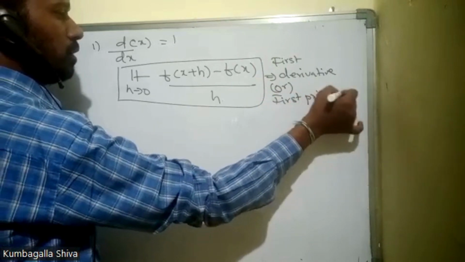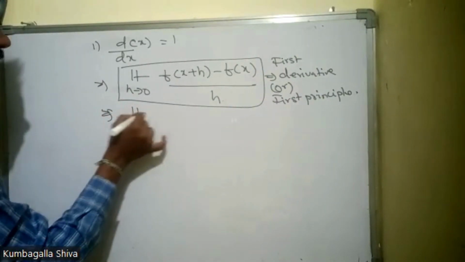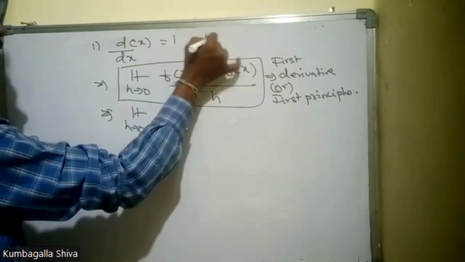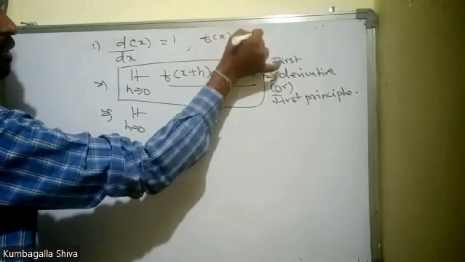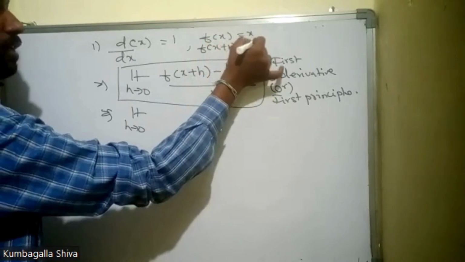Let us calculate. Limit h tends to 0. Write down that here f of x is x, and f of x plus h is nothing but x plus h.